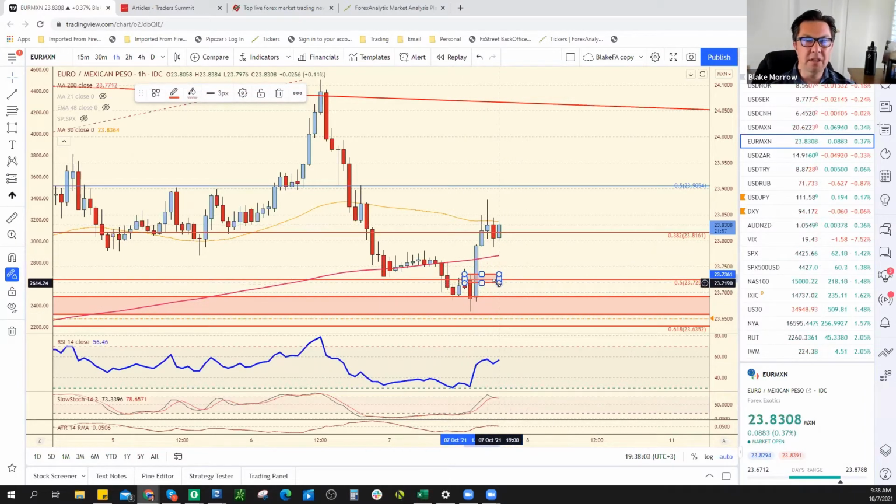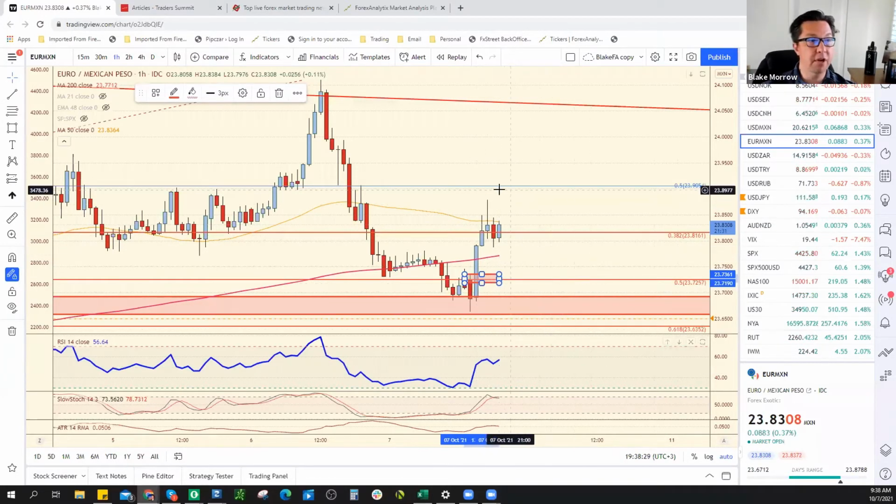So basically what I did is I swapped out my dollar Mexican peso for Euro Mexican peso because I'm removing dollars from my, I still have some dollar long. So don't think I'm getting rid of all dollars. But in this particular pair, I wanted to have Mexican peso exposure.